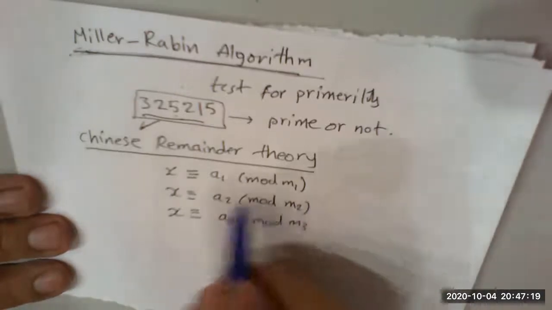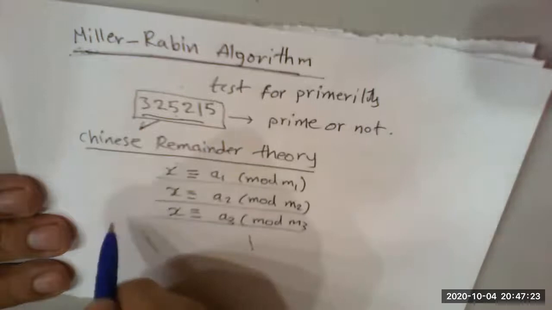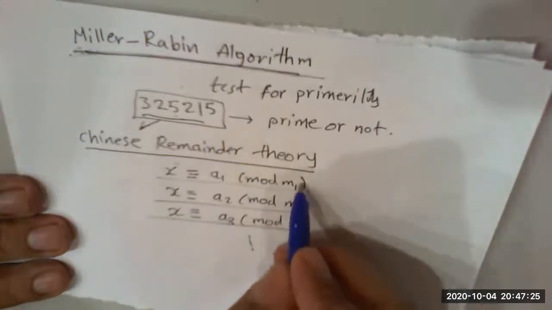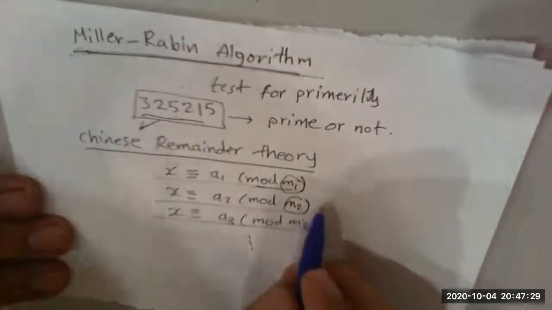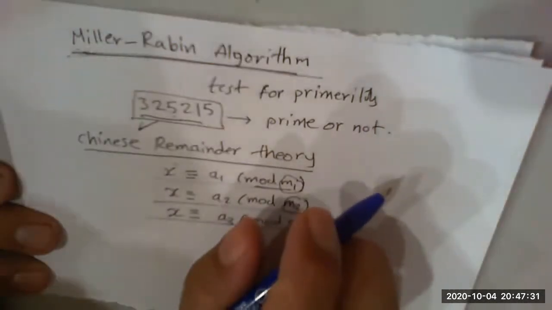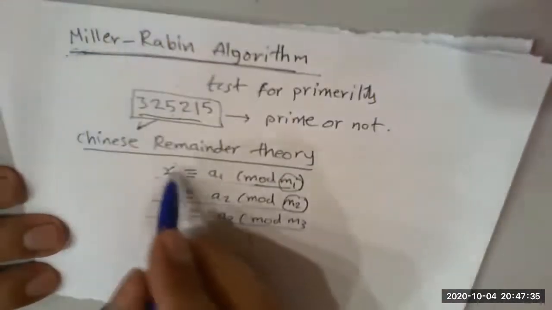What does this mean? It means that I can represent a number with a collection of modulo numbers, and these numbers are, they call it, relatively prime factors of x.